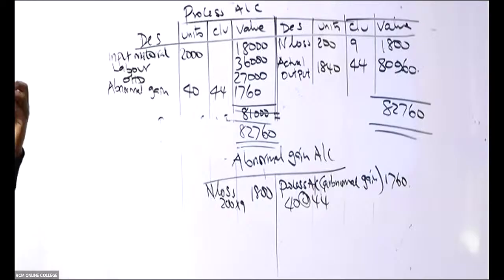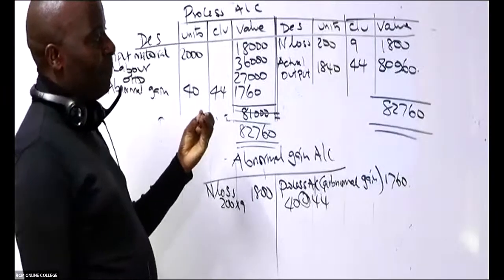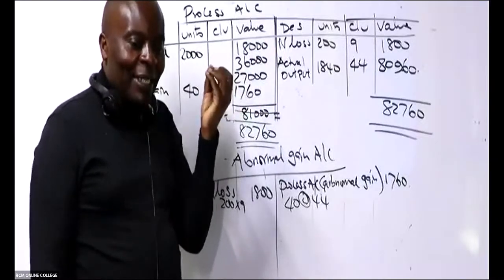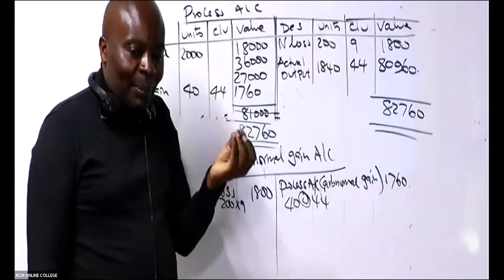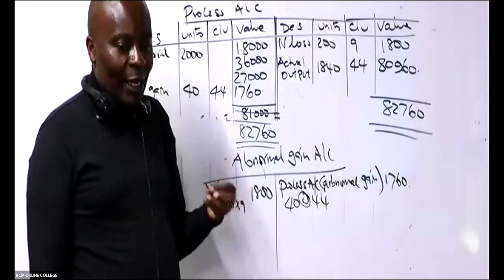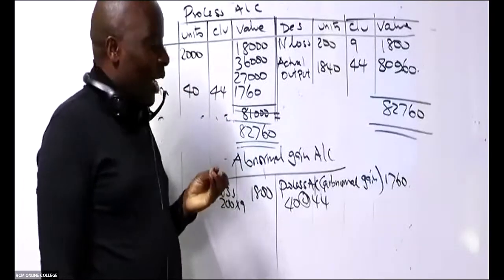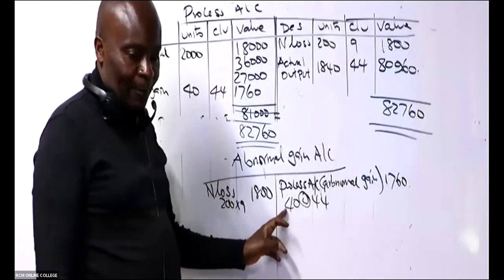You see, we expected to lose how many units? We expected to lose 200 units. But something miraculous has happened. We've been able to save through an abnormal gain. How many units here? 40.